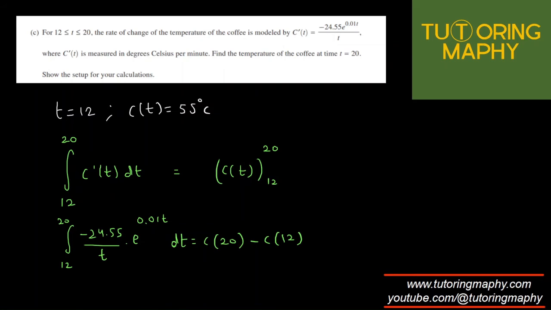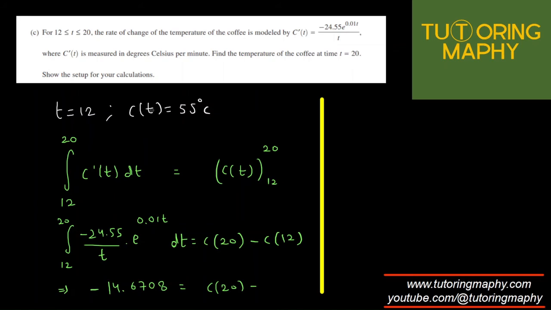If we calculate the left side, it comes out as negative 14.6708, which is equal to C of 20 minus C of 12.